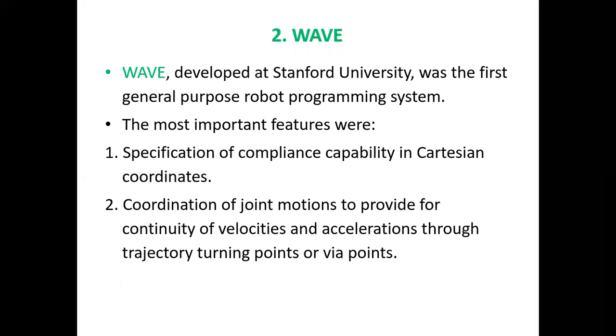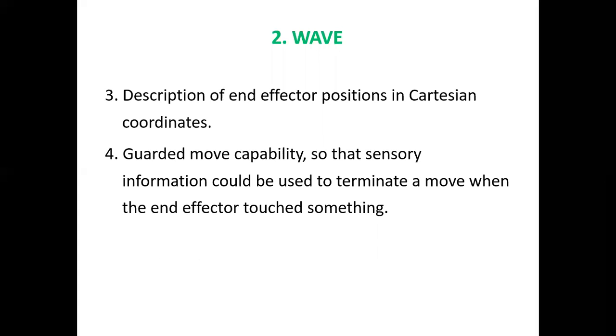The most important features were: specification of compliance capability in Cartesian coordinates; coordination of joint motions to provide continuity of velocities and acceleration through trajectory turning points or via points; description of end effector positions in Cartesian coordinates; and guarded move capability, so that sensory information could be used to terminate a move when the end effector touched something.